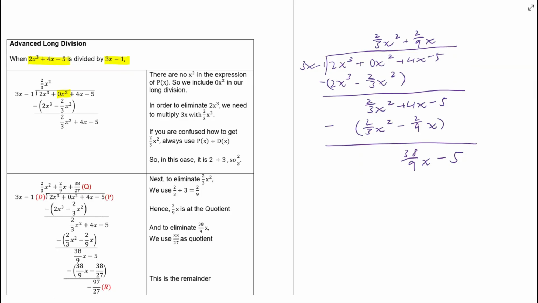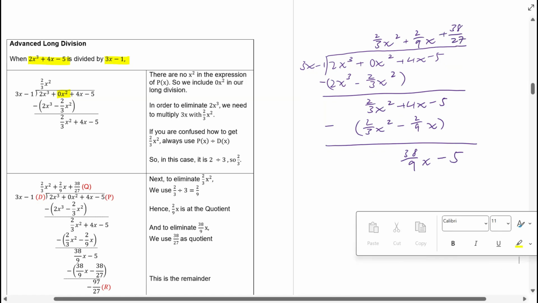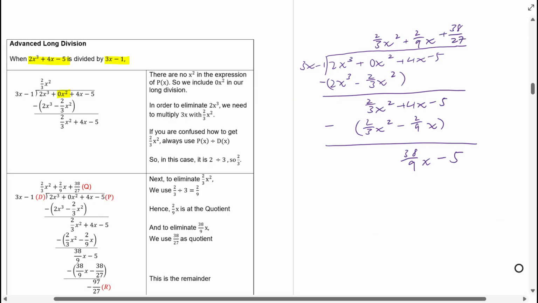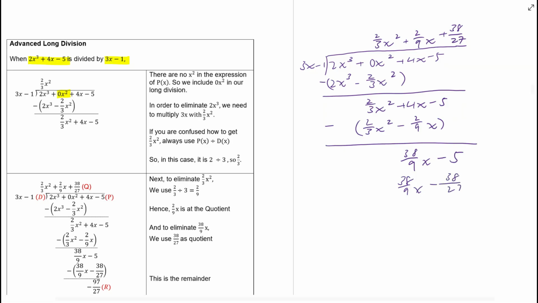So what times 3x will give you 38/9x? 38/27. Now you find out your remainder. So 38/27 times 3x and then times minus 1. Negative sign, brackets. You'll end up with your final remainder of negative 97/27.